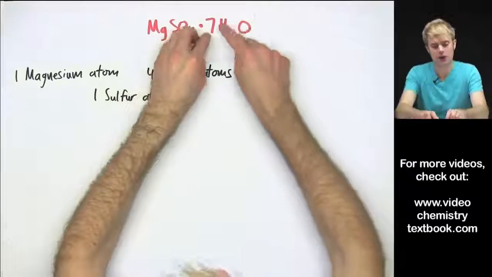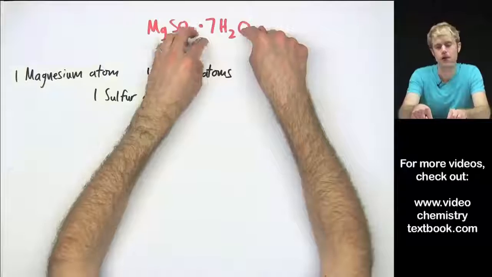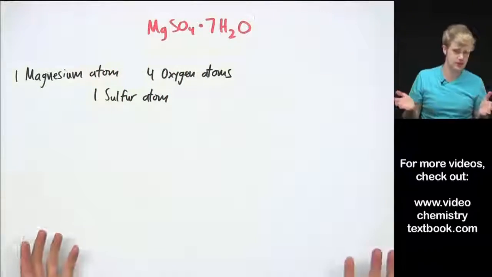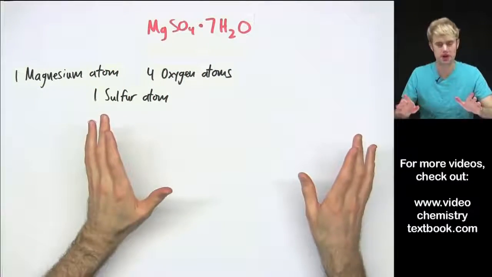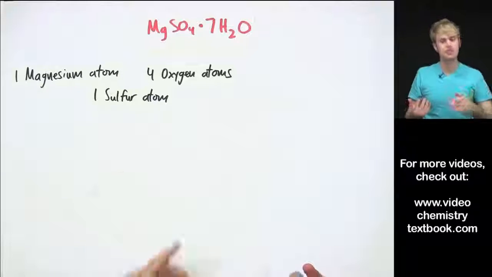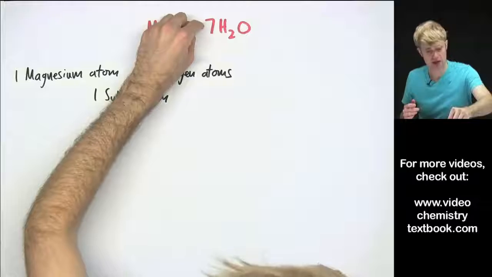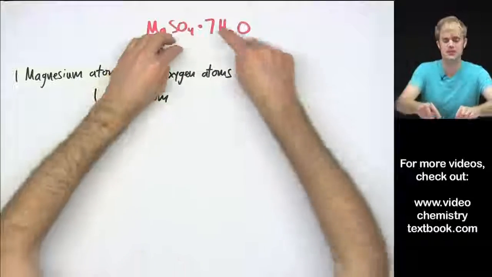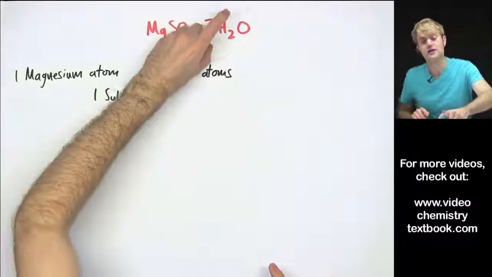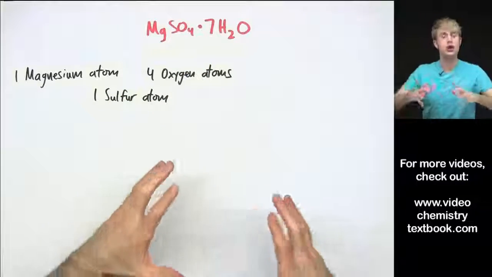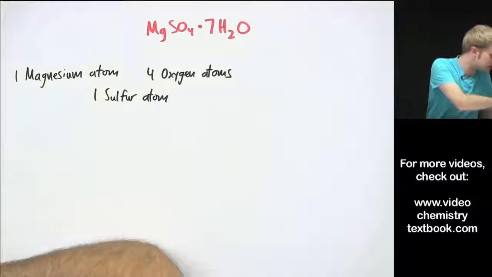Okay, now with this 7H2O, notice that we're not using parentheses here, okay? No parentheses here, but it's still kind of the same idea. We don't use parentheses because of the hydrate, because we got this dot here. But the 7H2O means that there are 7 H2Os, just like if we had parentheses.